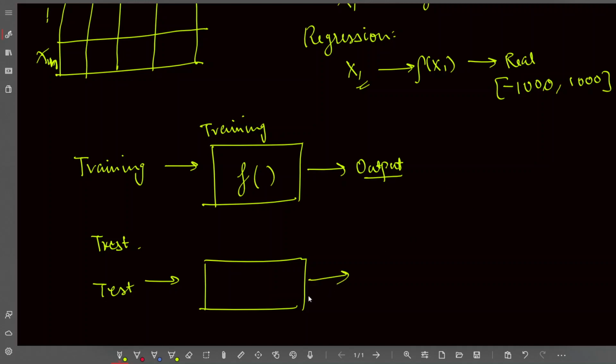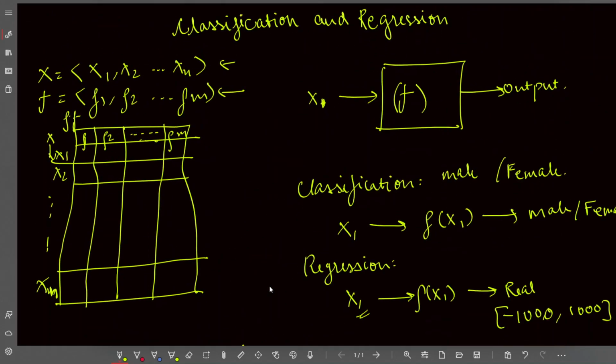So you take entirely unseen data, which is the testing data, and you compare the output that the machine learning algorithm has given you to the actual values that you have for this data set using the function f of x. That helps you identify whether your model is correct or wrong, or whether it needs further fine tuning or more training. So that's in general how machine learning algorithms work.